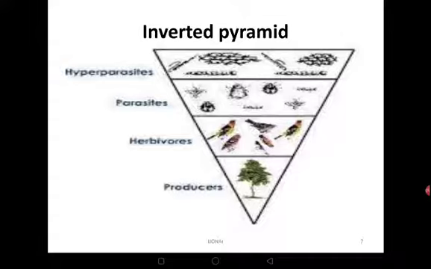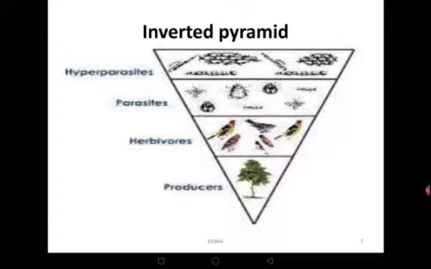That kind of pyramid is called an inverted pyramid of numbers, where we have few producers and many consumers in those levels, as you can see there. You shouldn't get surprised by a scenario like that. What governs our plotting of these pyramids is that the producers are always on the bottom.